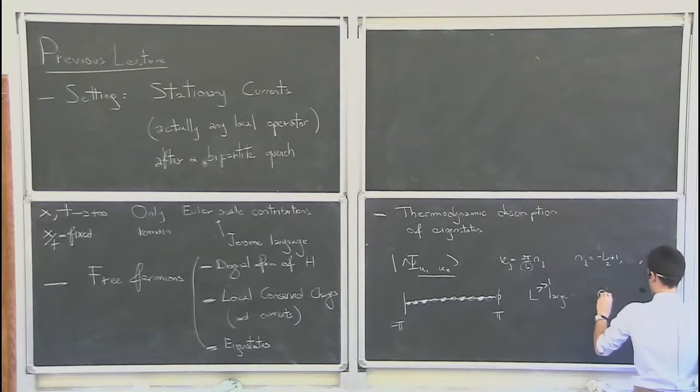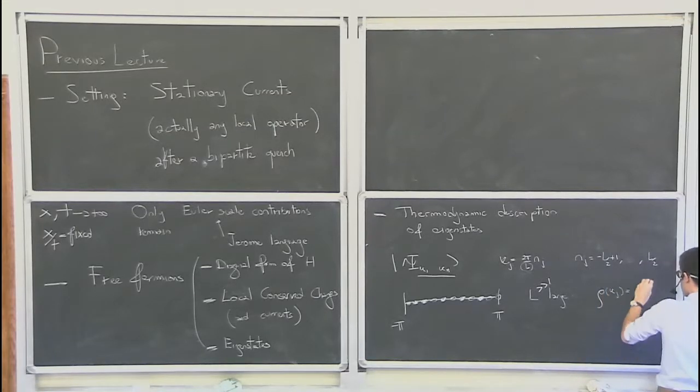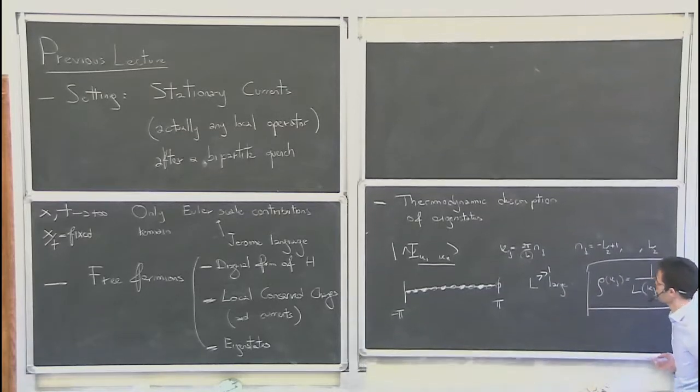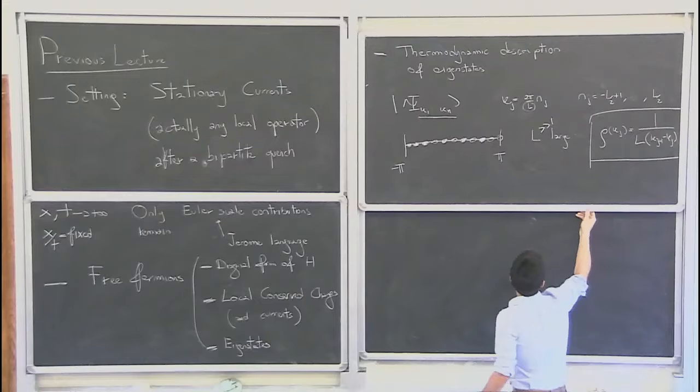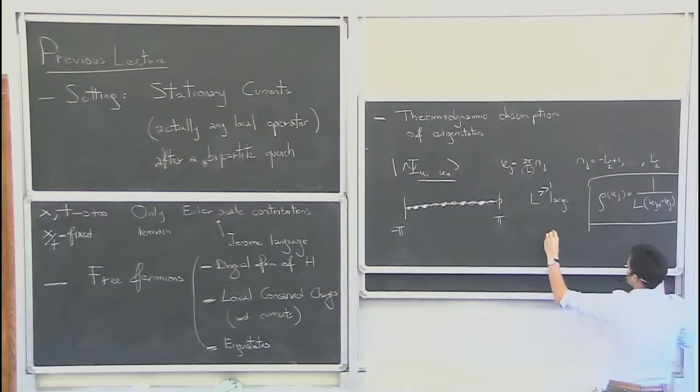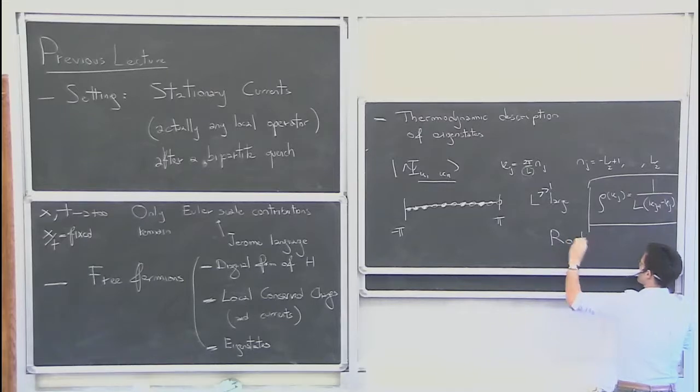And then I introduce this function here: 1 divided by L times (kj+1 minus kj), and this defines the function at the point kj. This function is called in many different ways. Here I will call it root density.